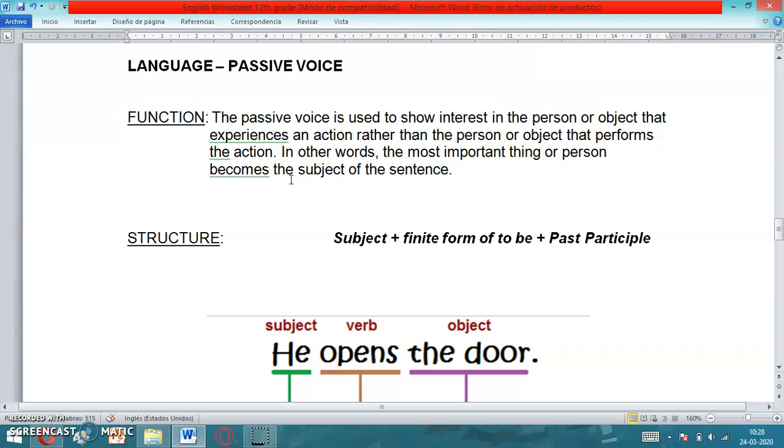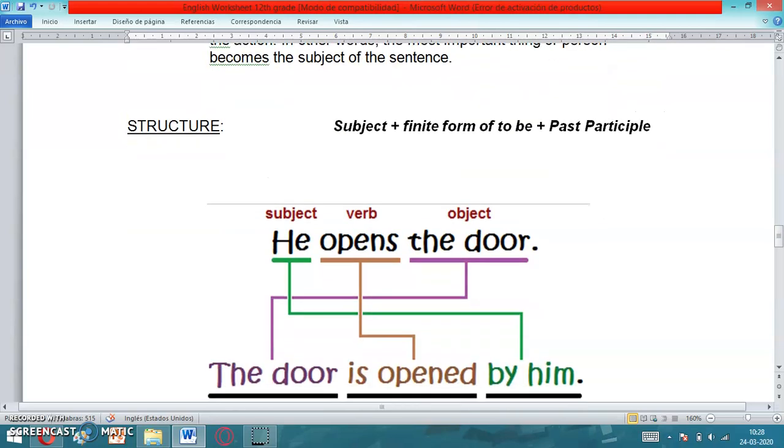We emphasize the people or the person or thing that receives the action, rather than the people or thing that does the action. Okay? This is the structure.